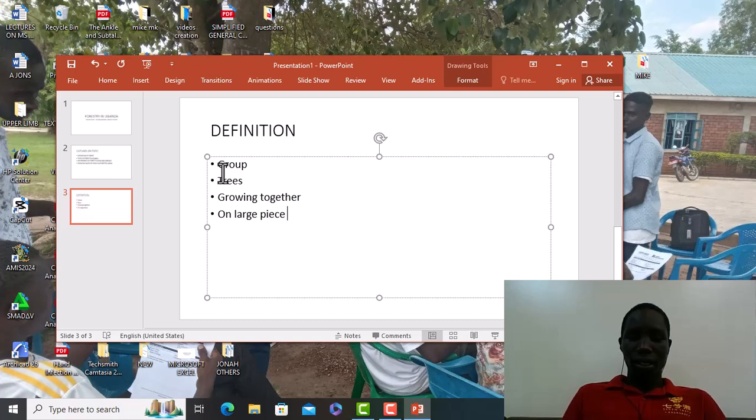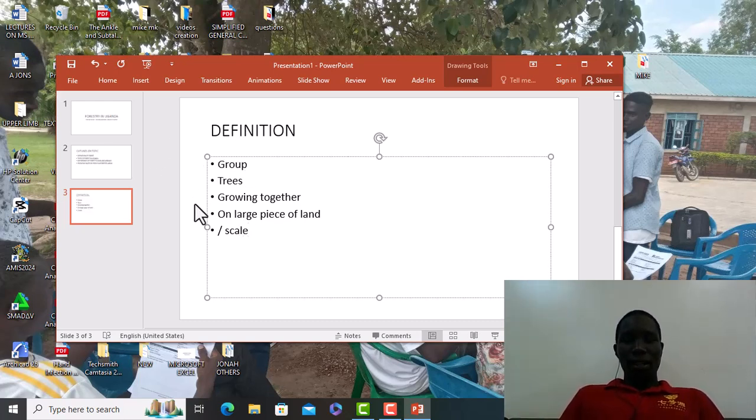Large piece of land. So we need to put large piece of land, or you can stroke it with or scale.